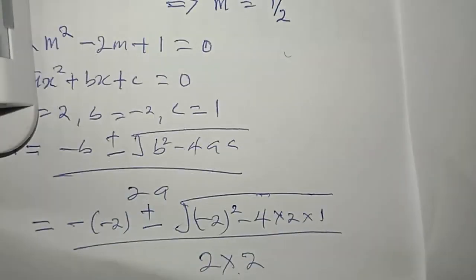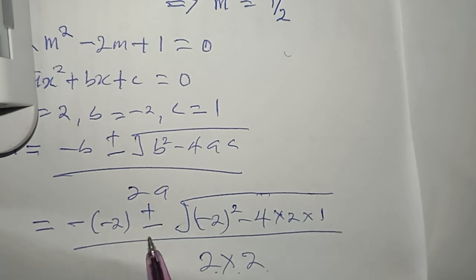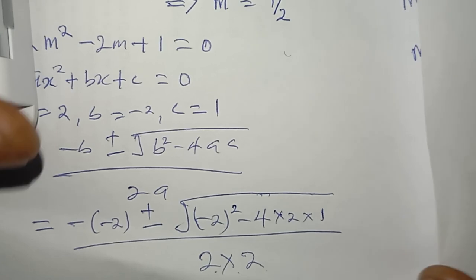And so simplifying this, minus times -2 is actually 2, and then plus or minus the square root of, this will give us 4 right here. And then -4 times 2 is 8, and 8 times 1 is also 8. So 2 times 2 will also give 4. So what I'm going to be having here is 2 plus or minus the square root of 4 minus 8, all divided by 4.